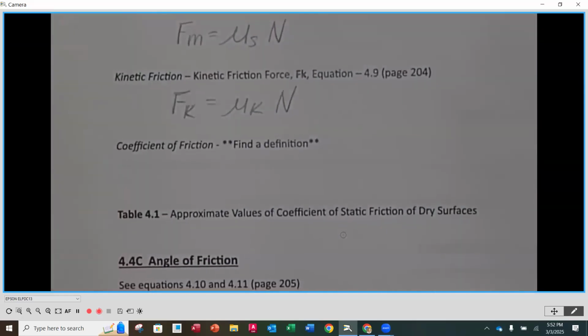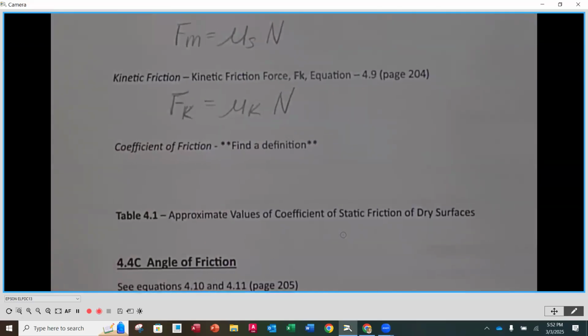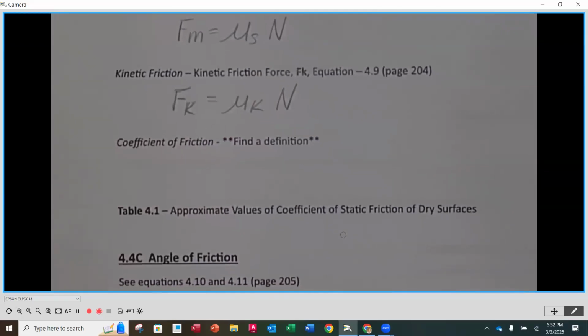Now, coefficient of friction, I've been talking about it. We've been pointing at it here. What I want you to do is, if you want to look in your book, if you want to pull up on your phone, I'd like a definition for coefficient of friction. Everybody, just do a little bit of a Google search, or open up your book and take a peek, and let's find out what coefficient of friction is.